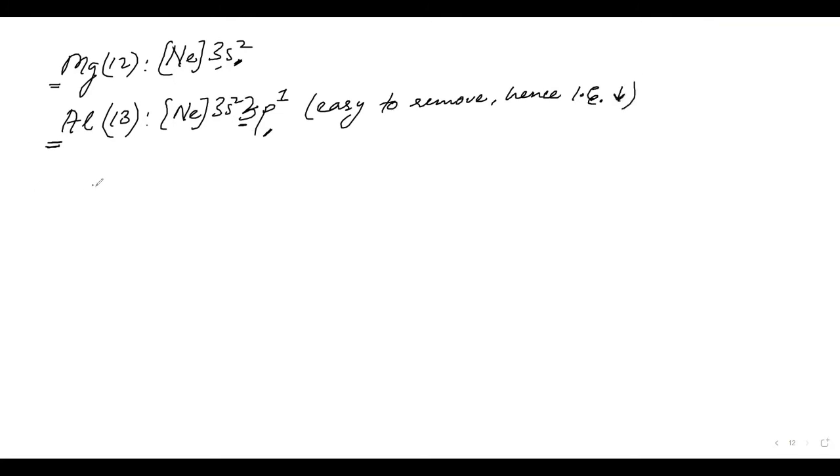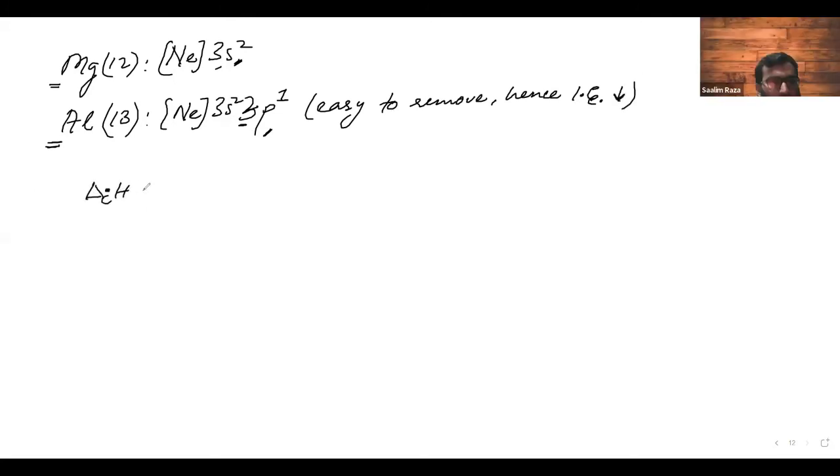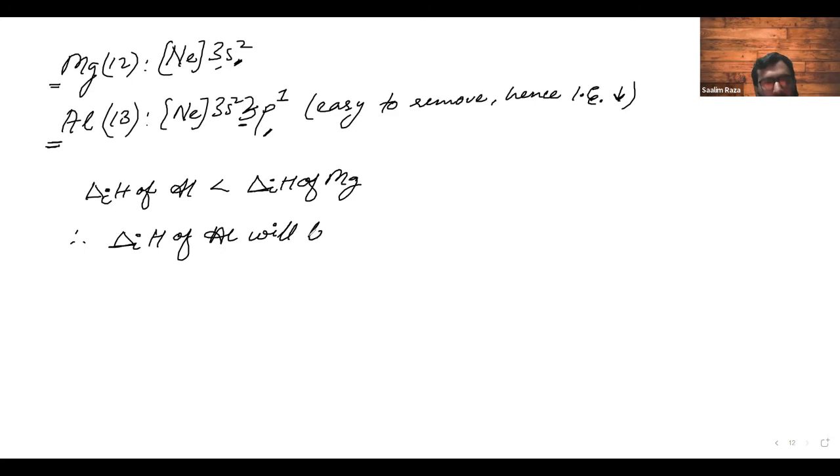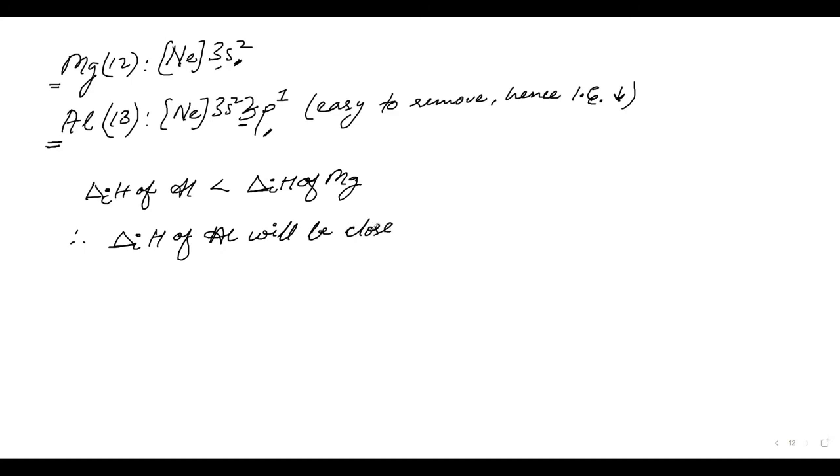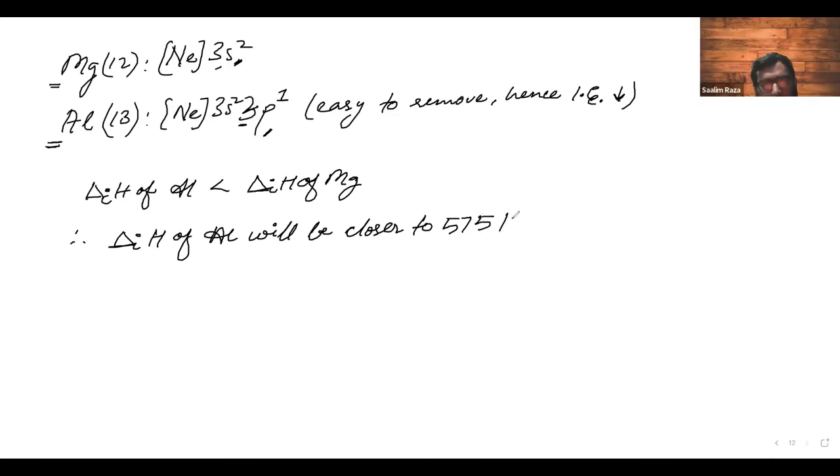So we can say that delta IH of aluminium is lower than delta IH of Mg. Therefore, delta IH of Al will be closer to 575 kilojoule per mole.